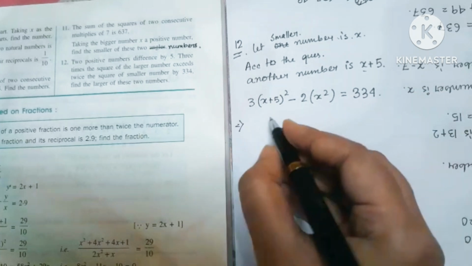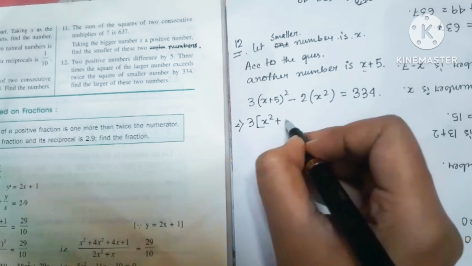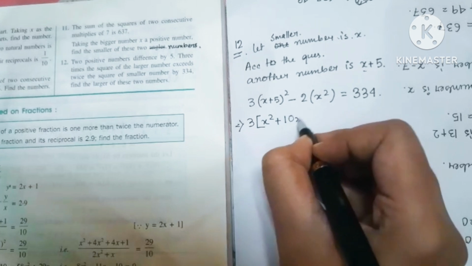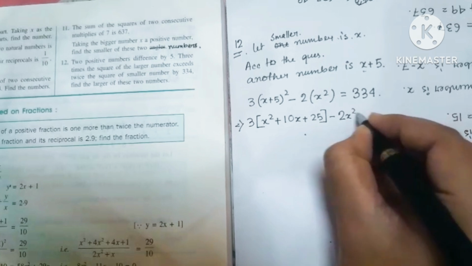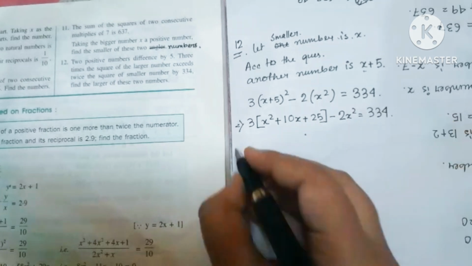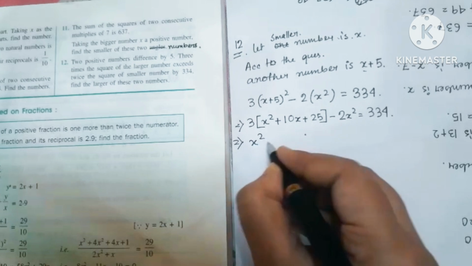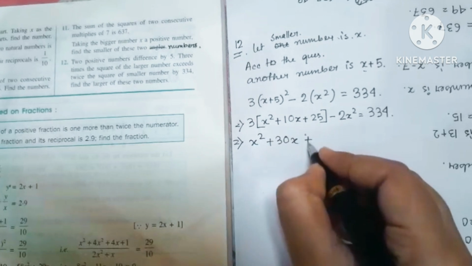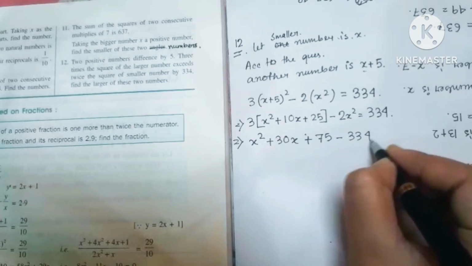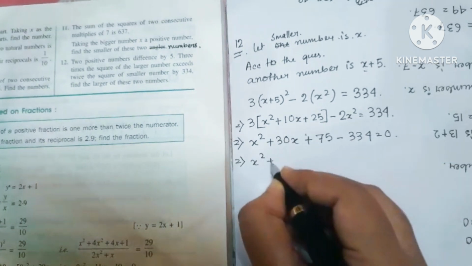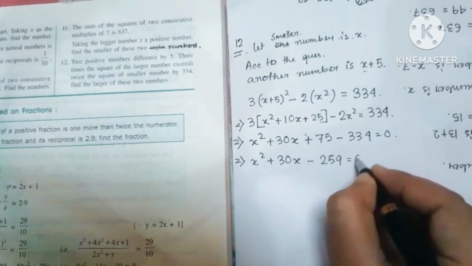Okay, now if you simplify, you will get 3 into x square plus 10x plus 25 minus 2x square equal to 334. Okay, now if you simplify, x square plus 30x plus 3 into 25, 75 minus 334, okay, equal to 0. x square plus 30x minus 259 equal to 0.